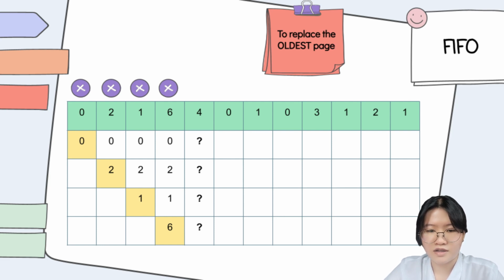The first one is 0, later is 2, 1, and 6. We can see that 0 is the oldest page, so we replace it with 4. And then 4 becomes the page 4. We insert 4, 2, 1, and 6 into each frame.